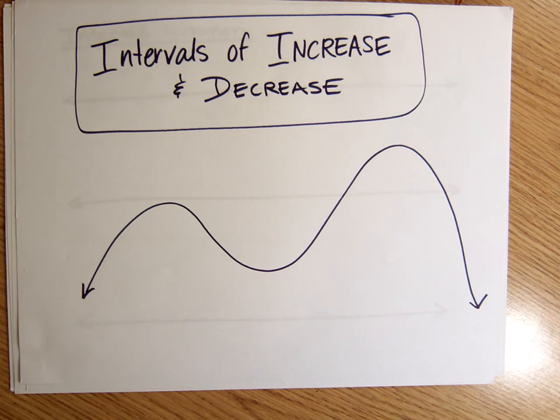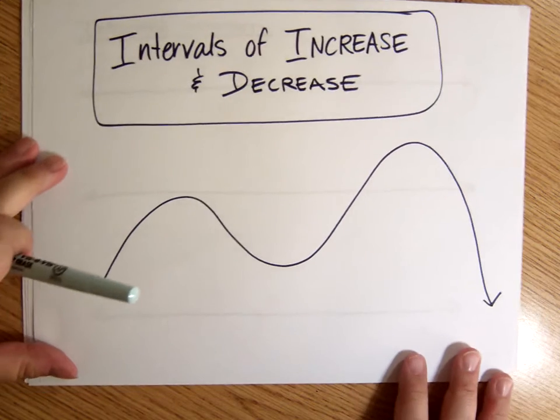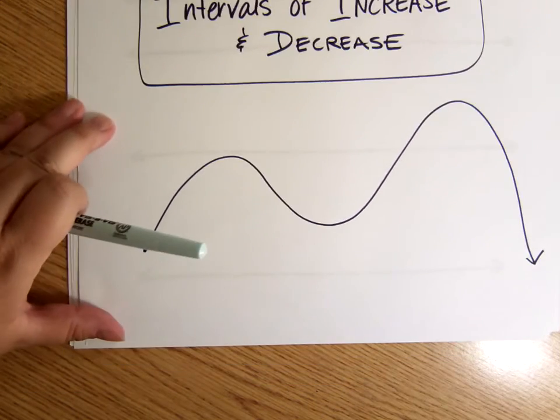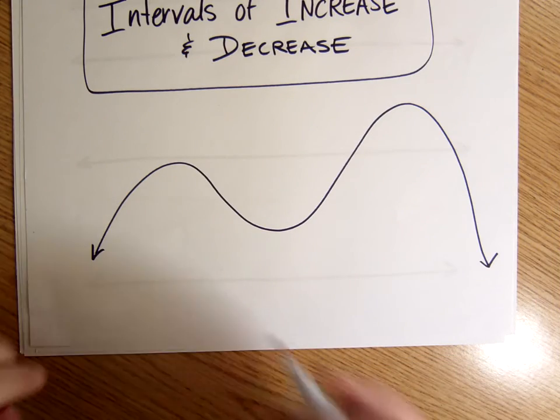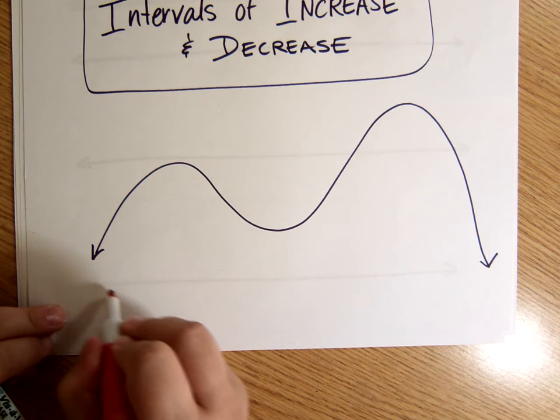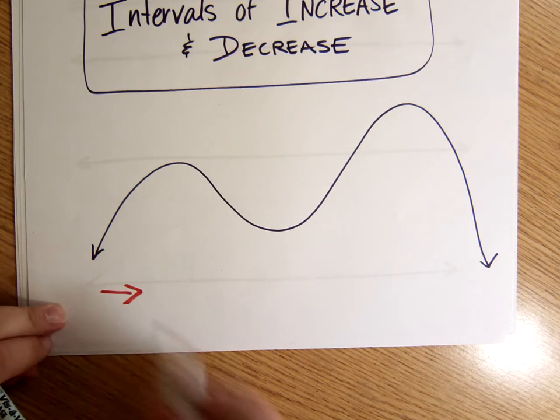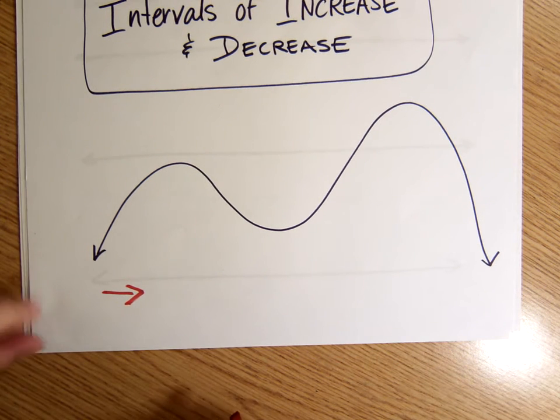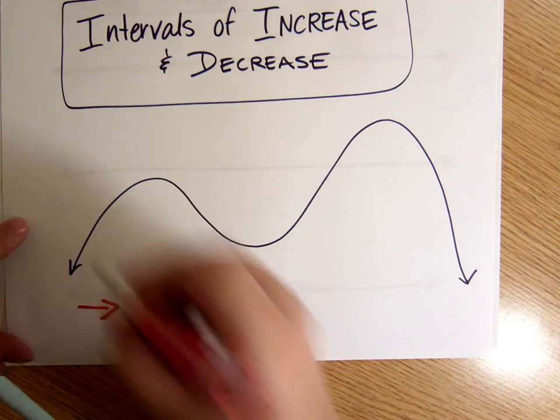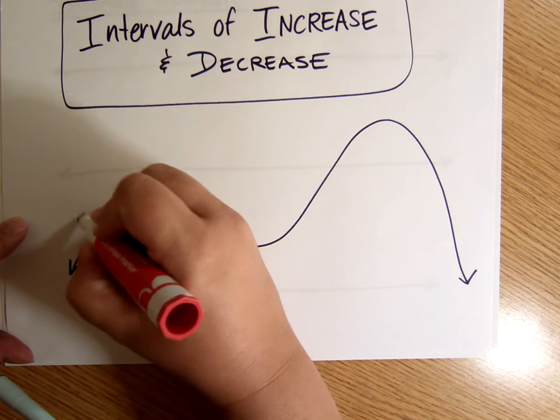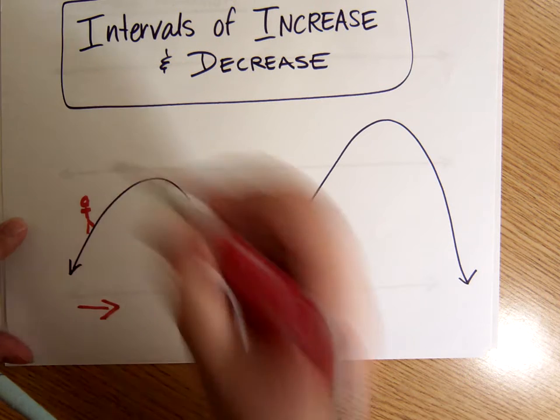So let's talk about, first of all, what are we talking about when it's intervals of increase and decrease? We're looking at a function, and we are traveling across the function from left to right. I like to think of it as a little guy walking across the function from left to right.